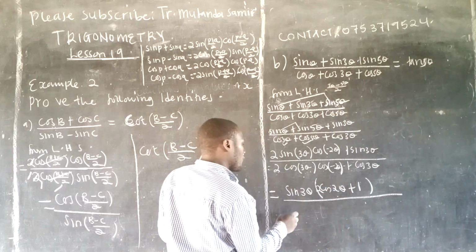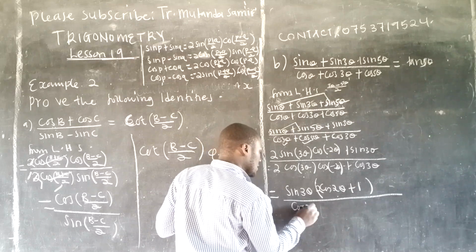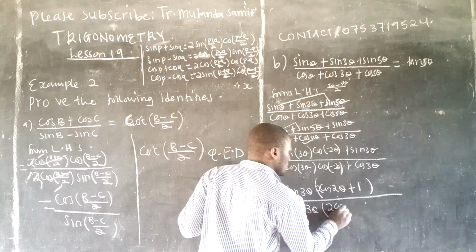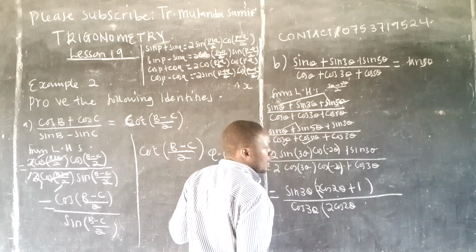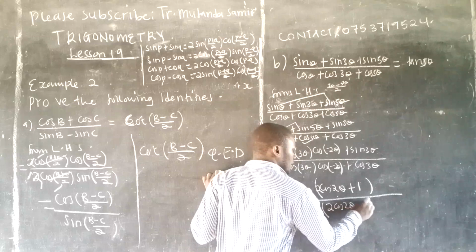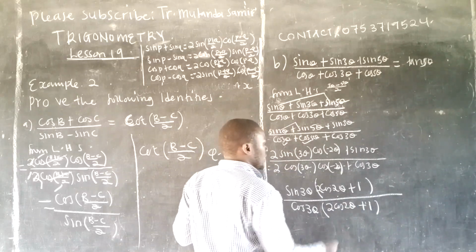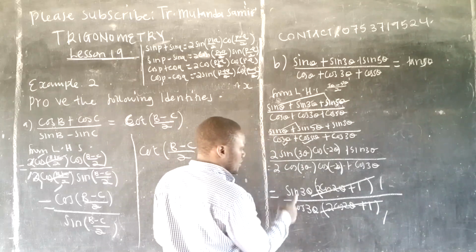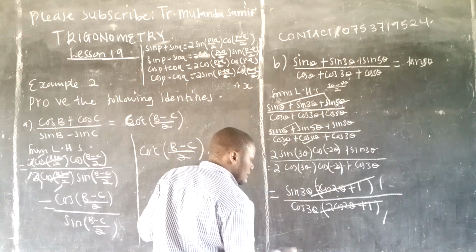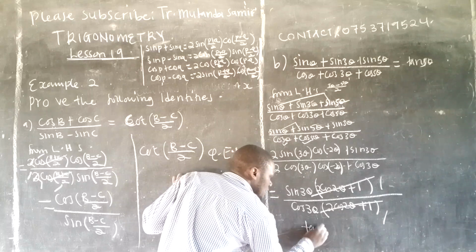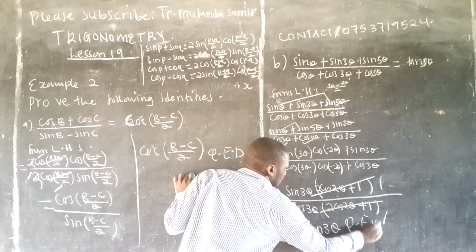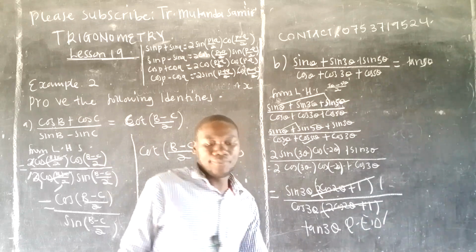Then the common factor here will be cos 3 theta, and you're going to remain with 2 cos 2 theta, because cos of a negative angle is a positive, plus 1. Now realize that these ones here are similar. Now I have sin 3 over cos 3, which will give us tan 3 theta. Quite easily done.